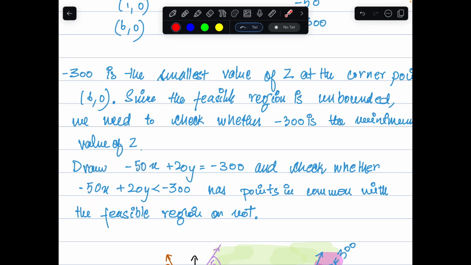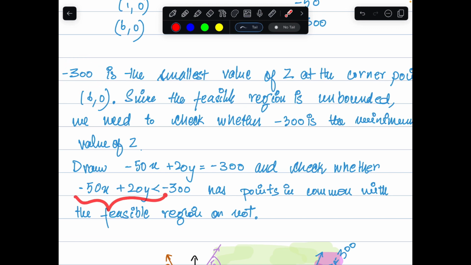I am trying to find whether there is any other x or y for which this objective function is less than minus 300. That means, is there any number for which I will get an objective function less than minus 300? Because as of now, this is my smallest value.